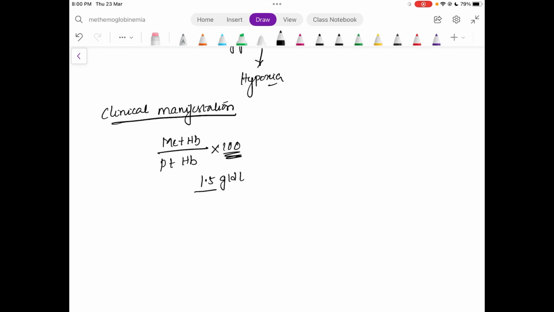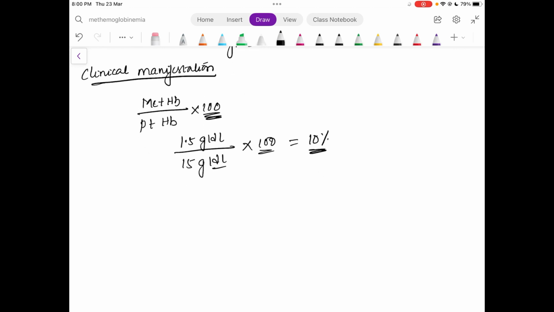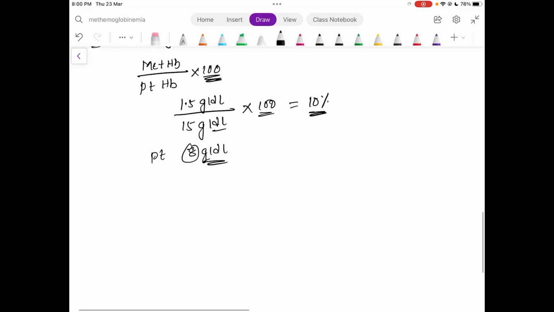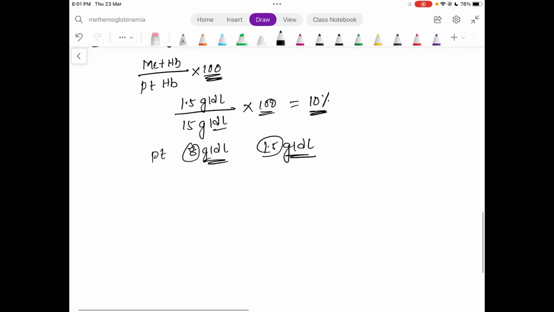If the patient is having 1.5 gram per deciliter methemoglobin and patient hemoglobin is around 15 gram per deciliter, the percentage of methemoglobin will be 10%. And if the patient hemoglobin is 8 gram per deciliter, and methemoglobin is 1.5 gram per deciliter, we'll see the severity here.